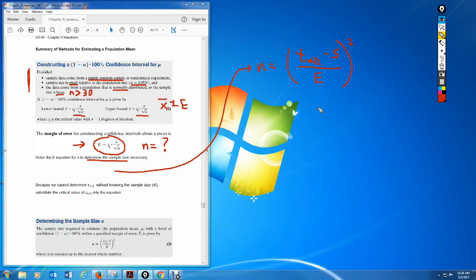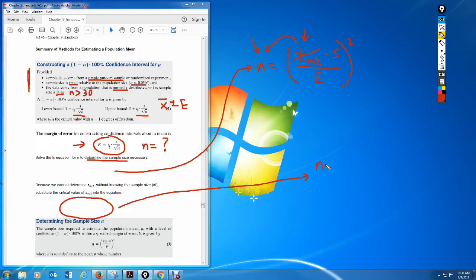Now, the problem is we are trying to determine the sample size n, right? And therefore, we cannot determine the critical value t because that depends on the sample size n, which we are trying to calculate. Okay? So because of that, instead of using the critical t value, we are just going to substitute in the critical z value into the equation.